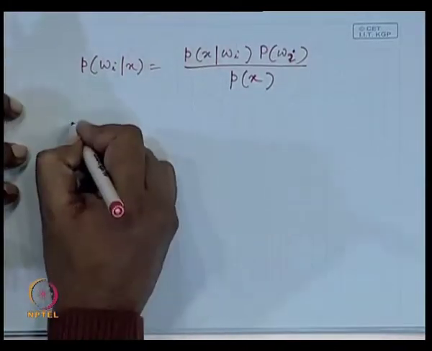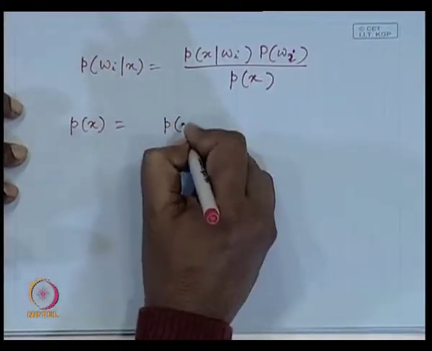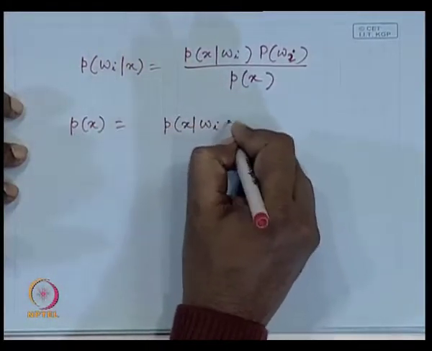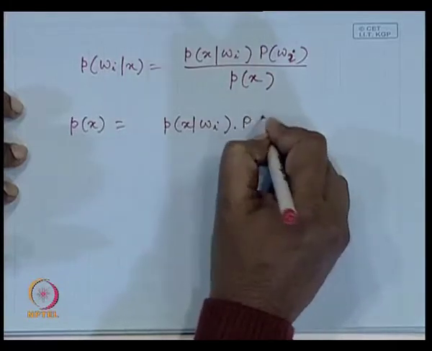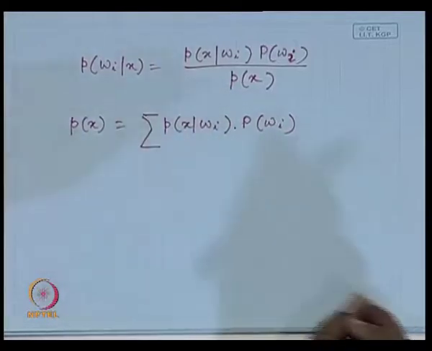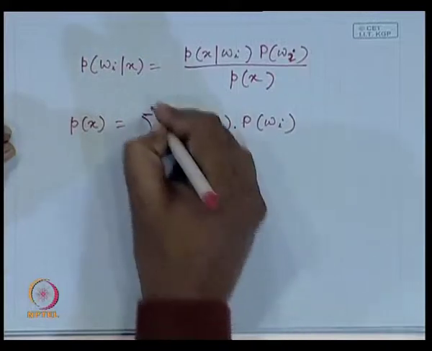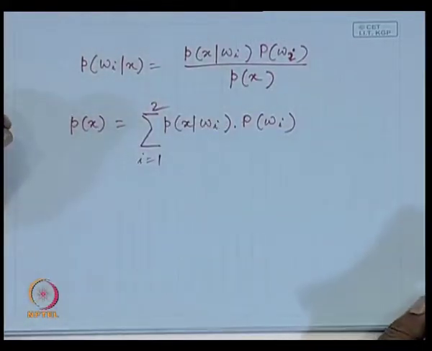Where what is this P of x? P of x is nothing but P of x given omega I, that is class conditional probability, into P of omega I. Take the summation, because I have got only two classes, omega 1 and omega 2. So, I is equal to 1 to 2. Is that okay?